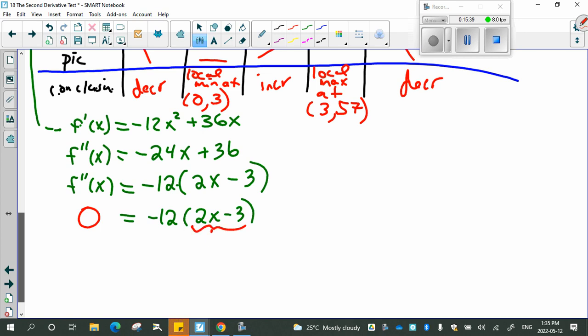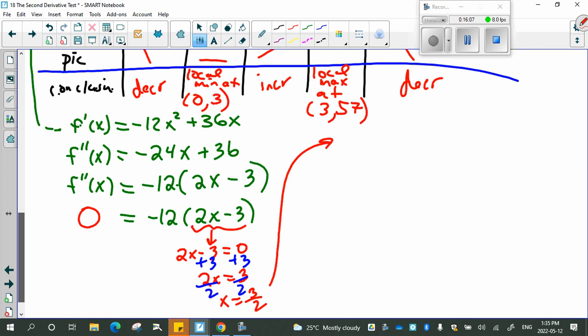When could this factor be equal to 0? 3/2 is good, and I'll just show you how to get that if you're not sure. To do a little grade 9 equation, you put it equal to 0, add 3 to both sides, divide both sides by 2, and you get x equals 3/2, like Jacob said.